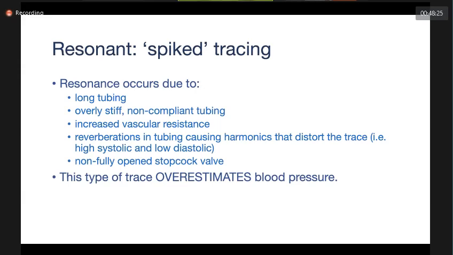If the tube is not semi-compliant, your pressure waveform is going to be spiked very much. Increased resistance, reverberation due to the tubing, all these things can cause this kind of problem.